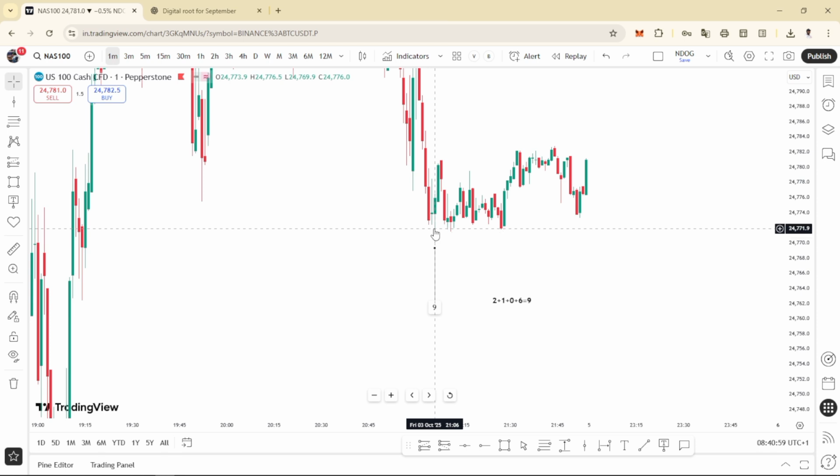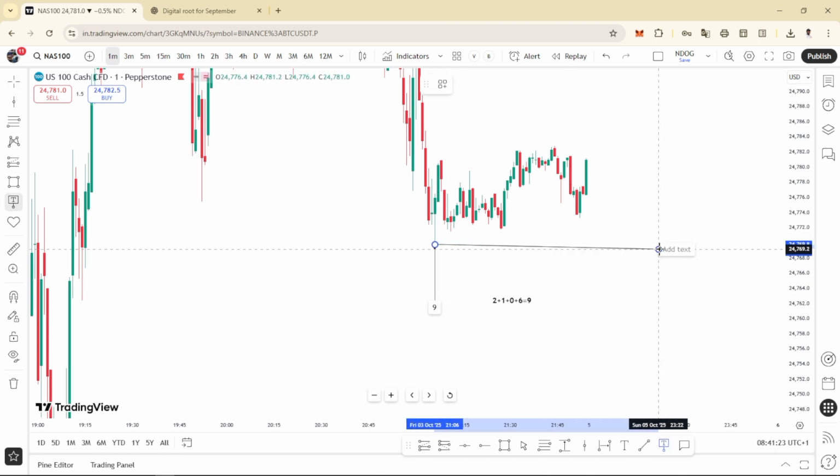Remember, we're adding even the 9 after the decimal point. So we have 2 plus 4 plus 7 plus 6 plus 9 plus 9, right? So when we press this, we get 37, and 3 plus 7 is the same thing as 10.